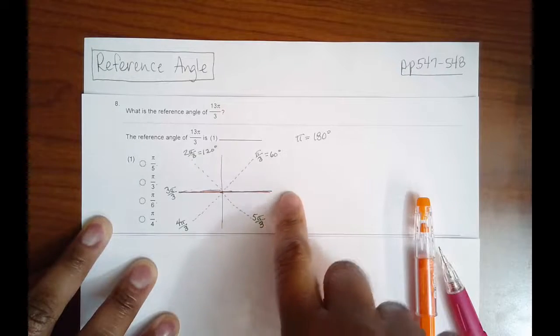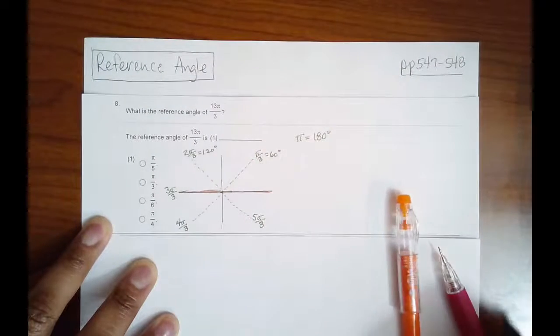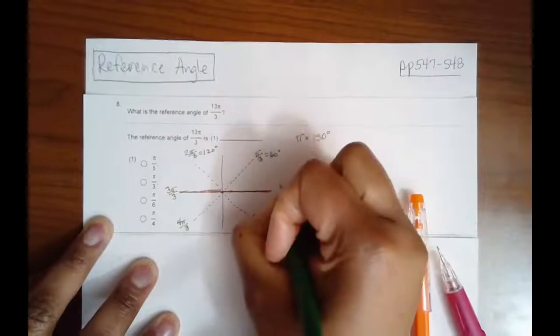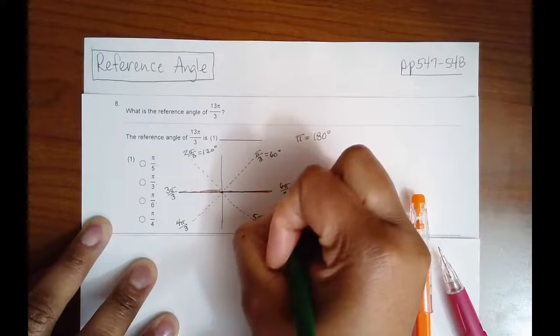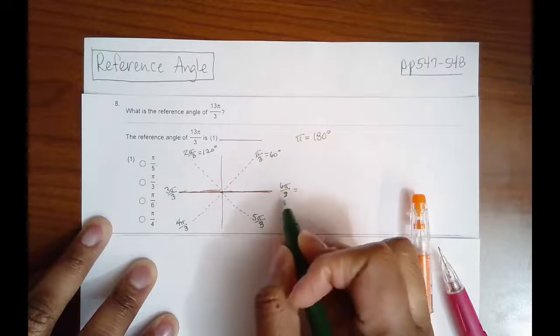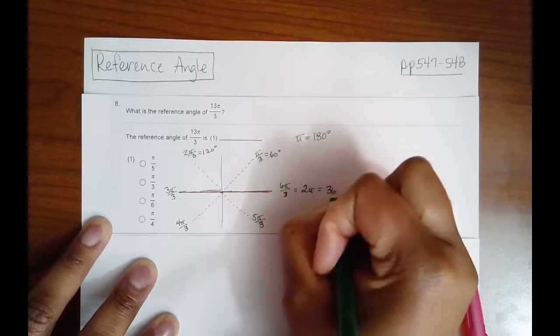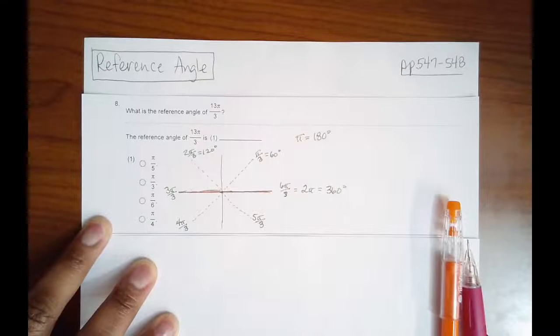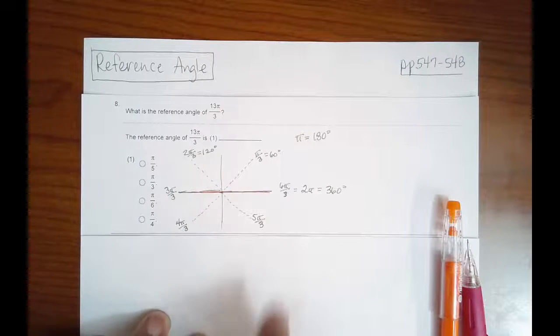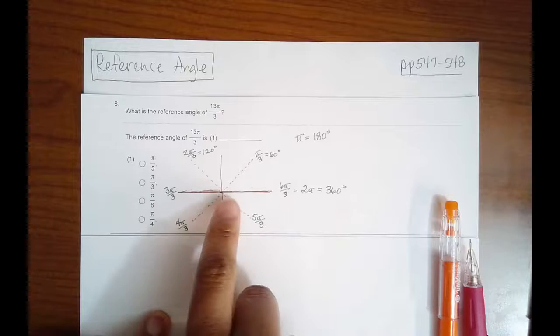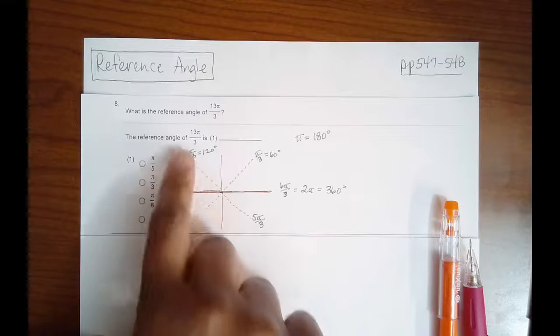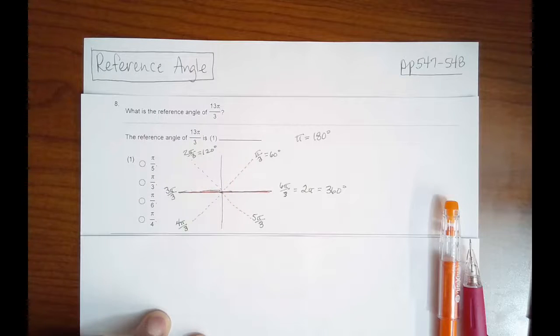And then if we make a complete revolution, this is going to wind up being 6 pi over 3, which can be simplified to 2 pi, which equals 360 degrees. Okay? So I think it's helpful to draw a sketch like this so we can keep track of what it takes to get to 13 pi over 3.